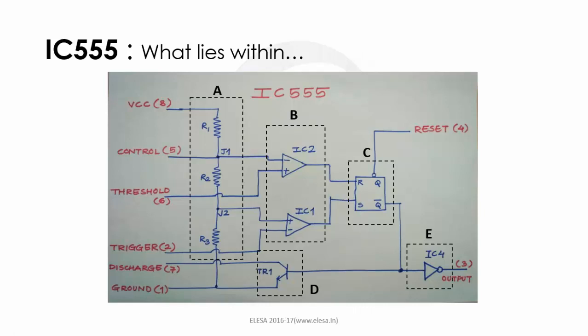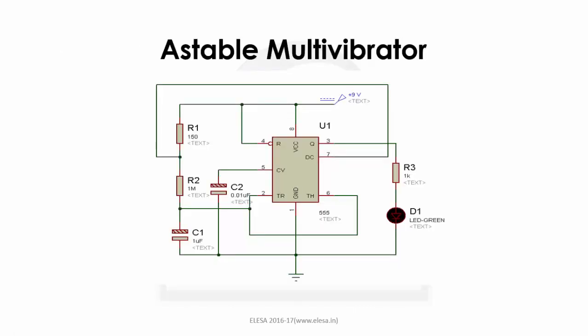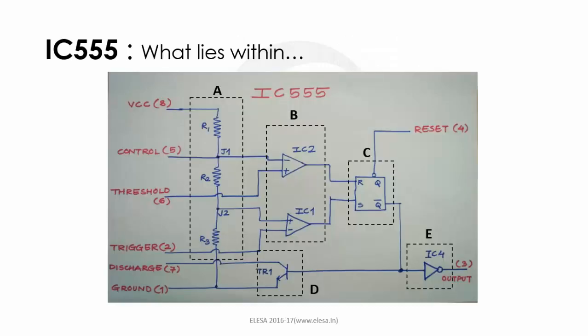Now, as we have seen, the 3 resistors R1, R2 and R3 divide the voltage into 3 levels, that is VCC, 2/3 of VCC and 1/3 of VCC. So at IC1, the lower comparator, the positive non-inverting potential is at 1/3 of VCC.